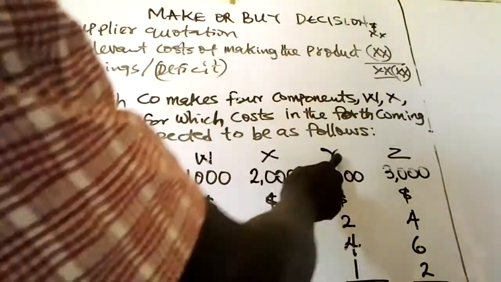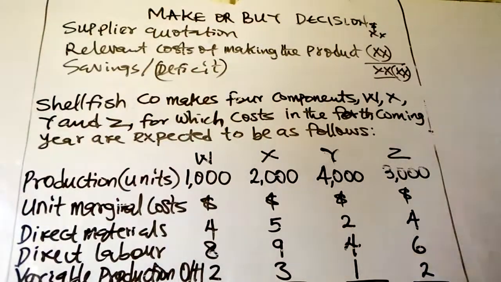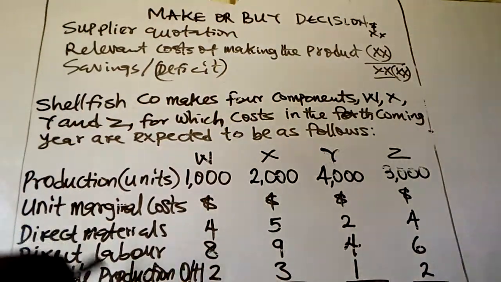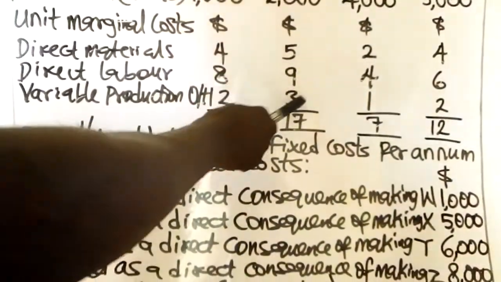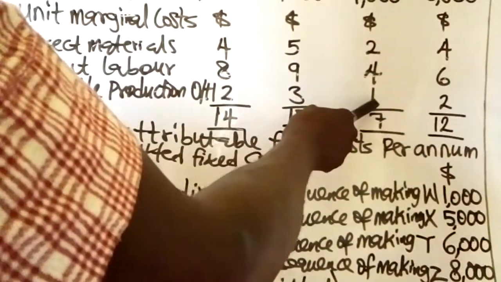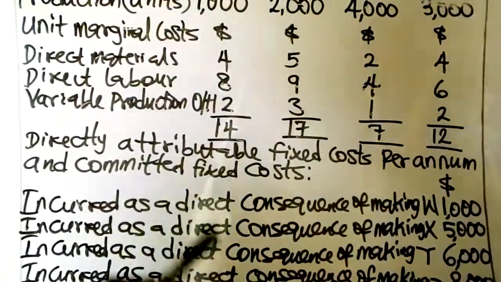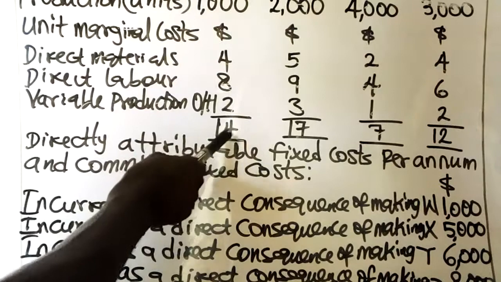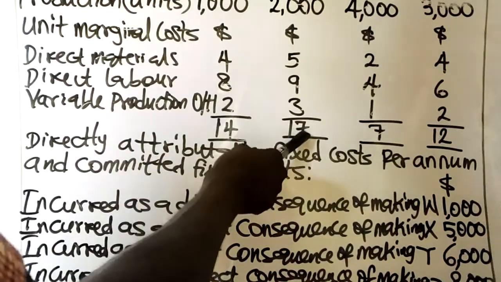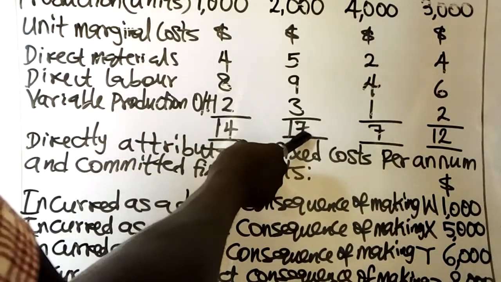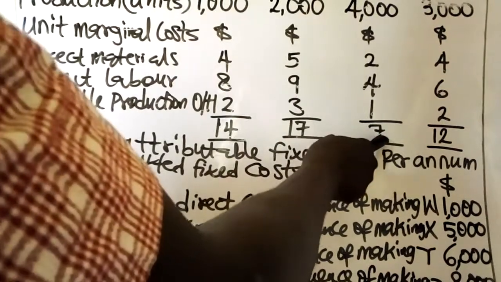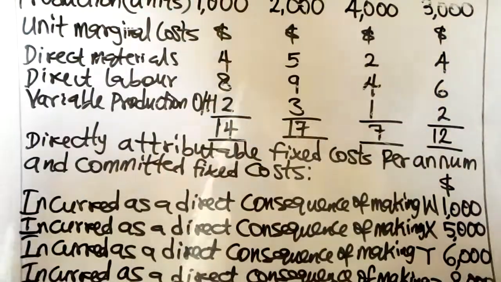Variable production overheads $2, $3, $1, and $2. Total marginal cost $14 for W, $17 for X, $7 for Y, and $12 for Z.